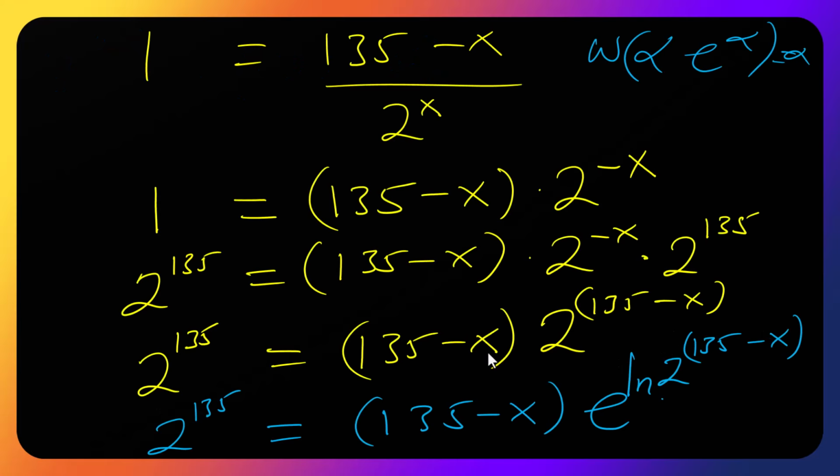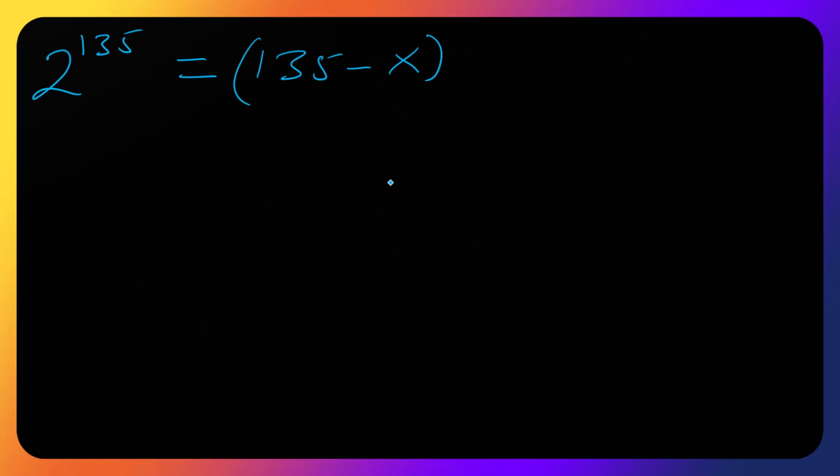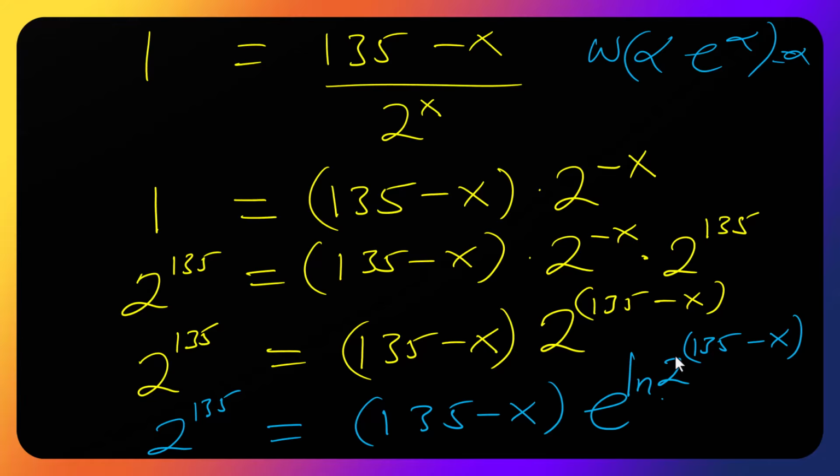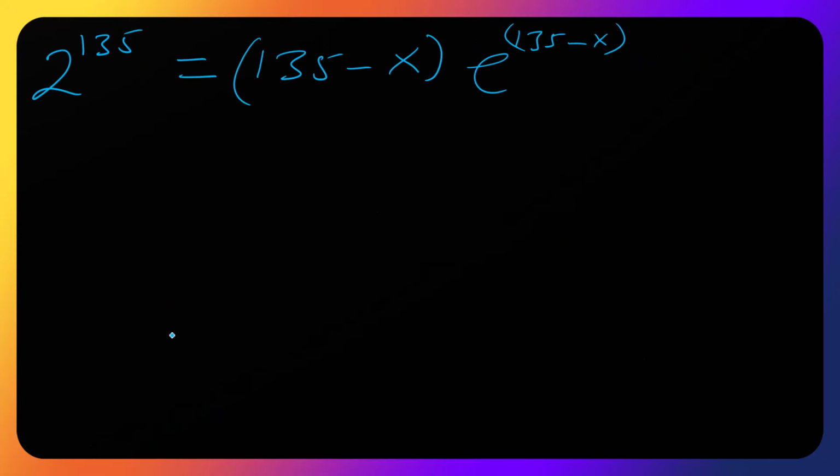This one is a power rule, so the exponent will come behind here. My next step will be 2 to the power 135 equals 135 minus x times ln of 2.